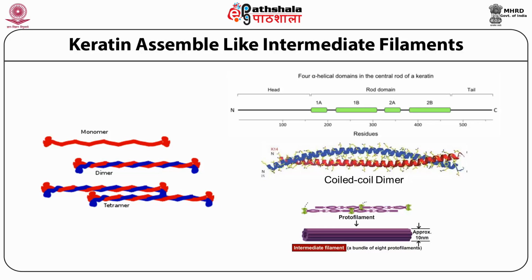The helical regions form coiled-coil dimers, and these dimers come together to form protofilaments. These protofilaments assemble together to form a bundle of 8 protofilaments, forming long intermediate filaments.